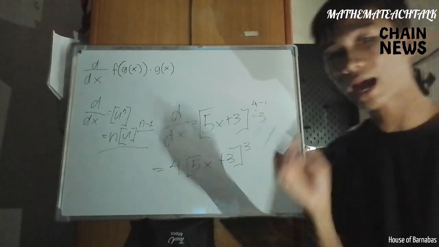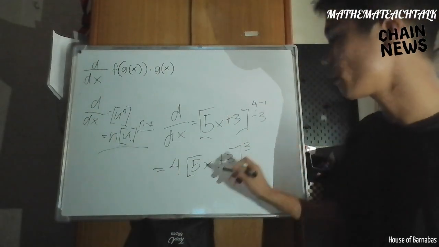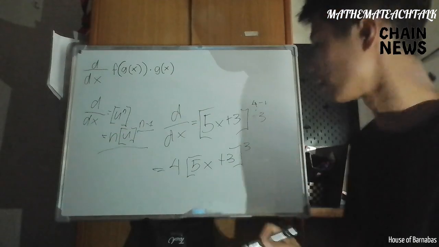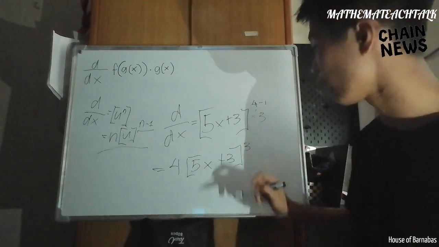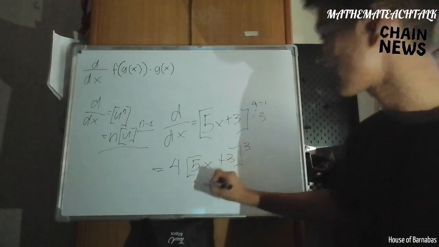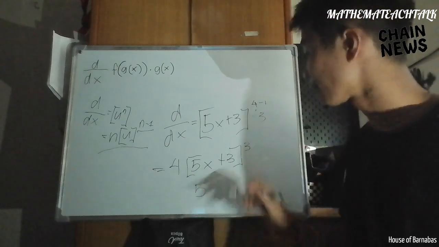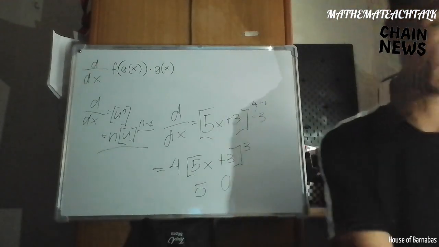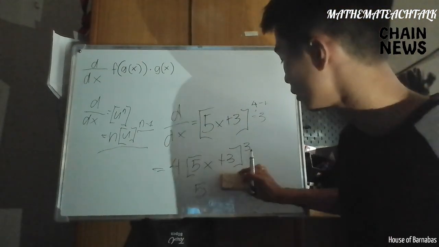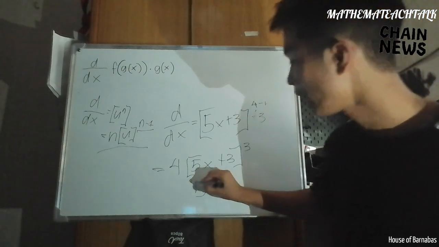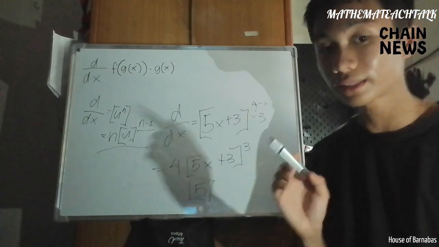Now we have to differentiate the expression inside the bracket first. That's why we put brackets so that you won't get lost. So what's the derivative of 5x? Yes, it's 5. The derivative of positive 3? Yeah, that's 0. But we don't write 0, otherwise it would turn to 50. So we have 5. But it doesn't end there.